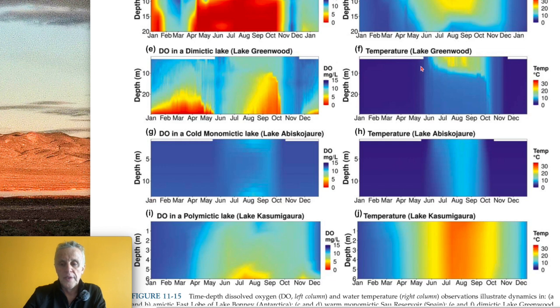As we know, the layer of ice prevents any thermocline from developing. So the temperature of the lake water is pretty even during the presence of an ice layer over the lake, and then we see the warming period here during the summer, and then the presence of a thermocline.